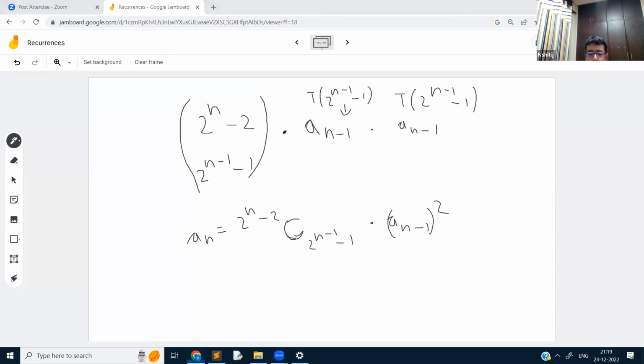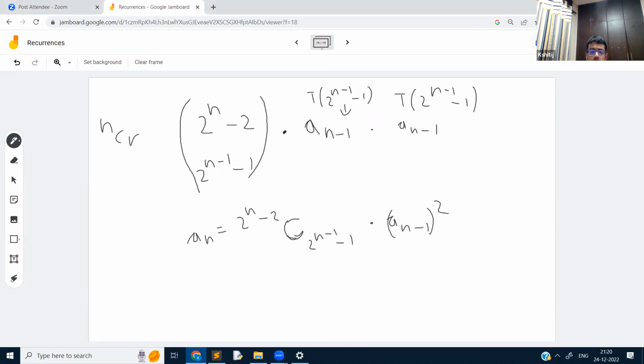Okay, so did you understand how half of the numbers are sent to the left half and half are sent to the right half? Did you understand the combination part, 2 to the power n and this term? Did you understand this term? Okay, so NCR is the number of ways of choosing R objects out of N objects.